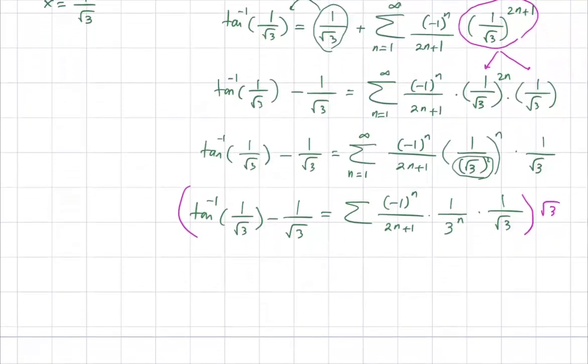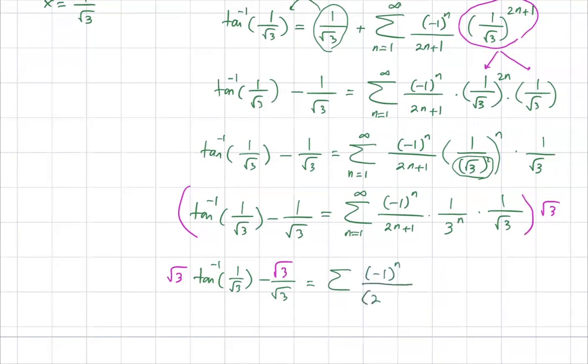So you get the square root of 3 times inverse tangent of 1 over the square root of 3 minus the square root of 3 divided by the square root of 3, which is just 1. On the other side, you have the series of (-1)^n over (2n+1) times 3^n. n starts from 1, goes to infinity.